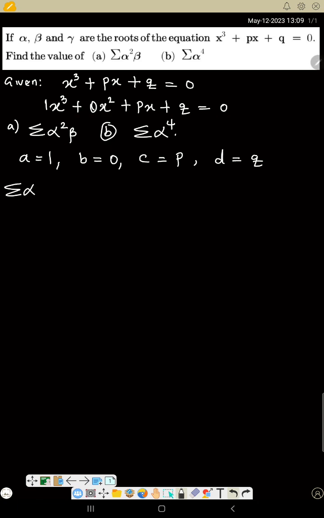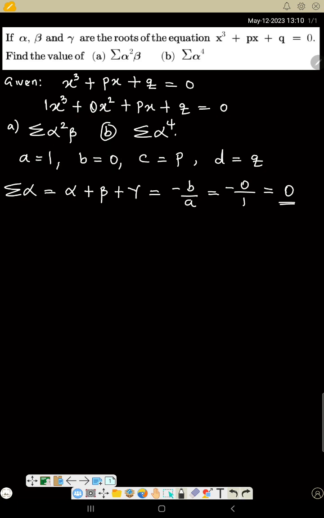Summation alpha, the sum of the roots, that is alpha plus beta plus gamma, is equal to minus b over a. So that is minus 0 over 1, which is 0, because b is 0 and a is 1.